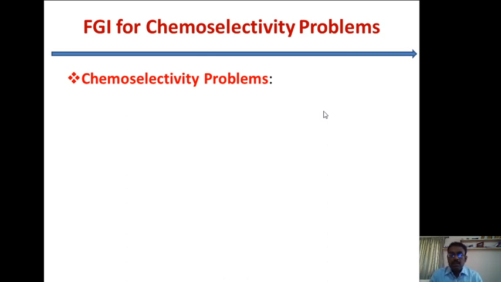If you have the same chemoselectivity problem, then we can use functional group interconversion.